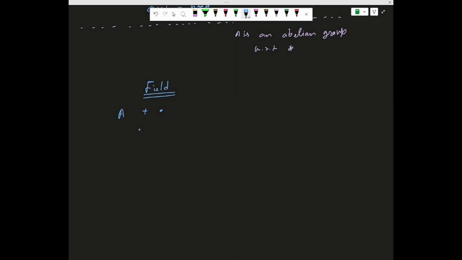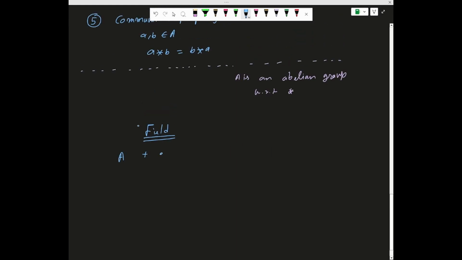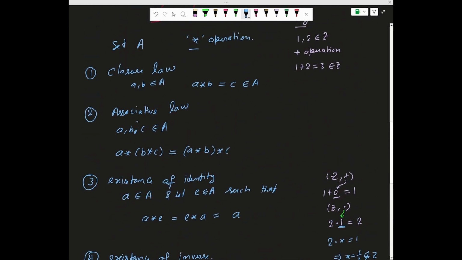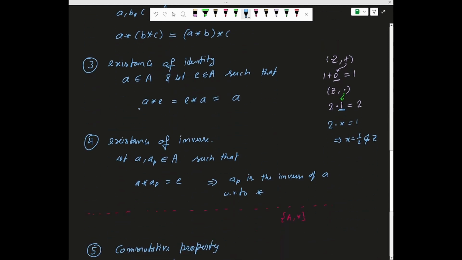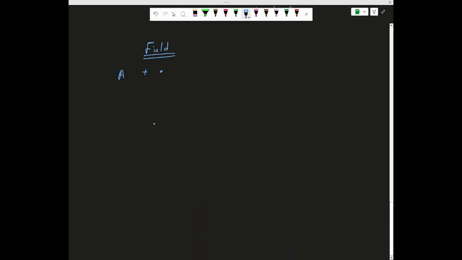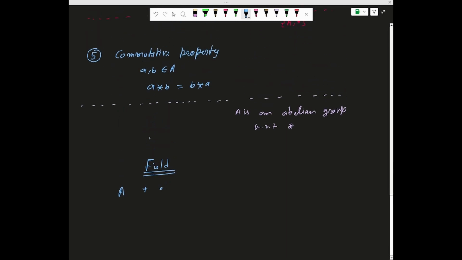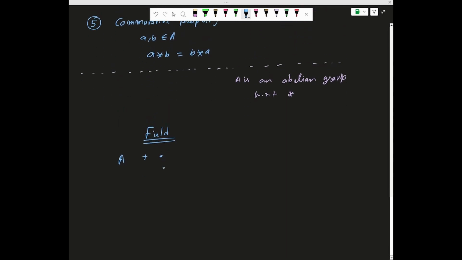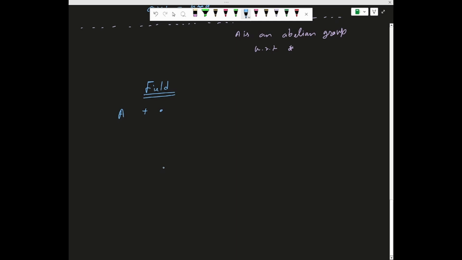If it is forming a field, then the previous properties, that is closure, associative, existence of identity, existence of inverse, we should check. They must be followed, and also the commutative, all the 5 properties, then it is a field. And these properties must be satisfied individually with plus and dot.